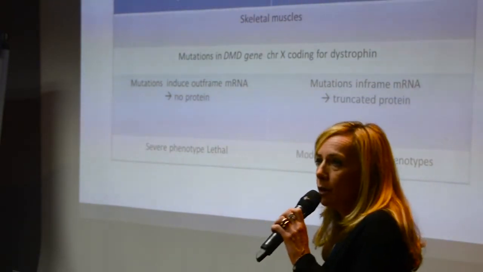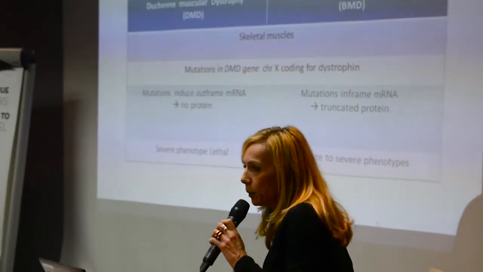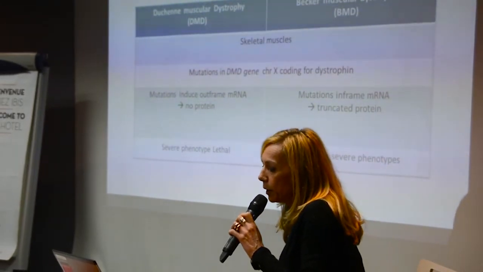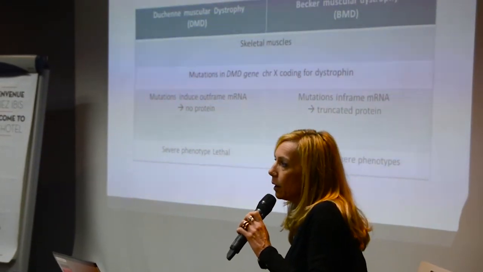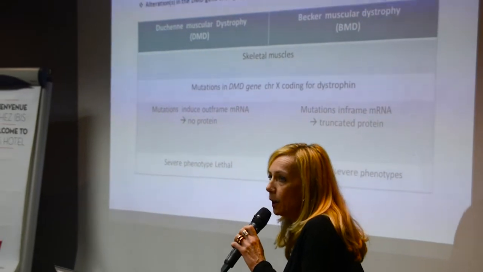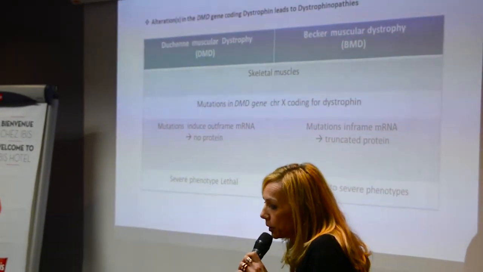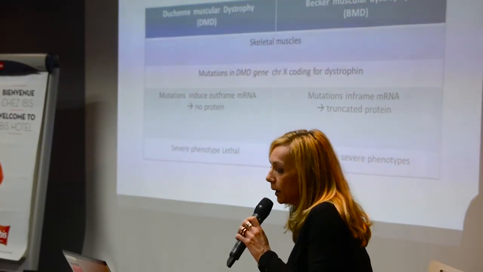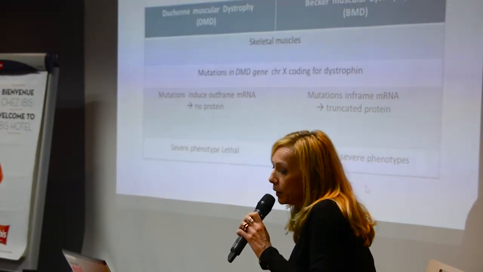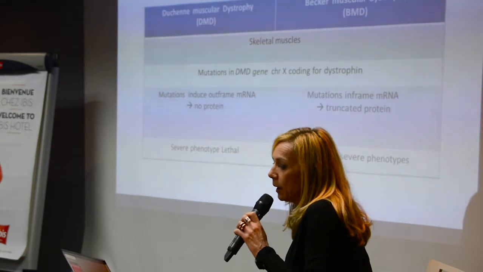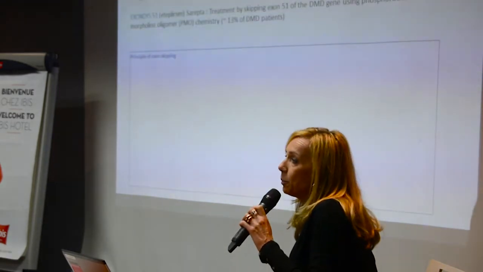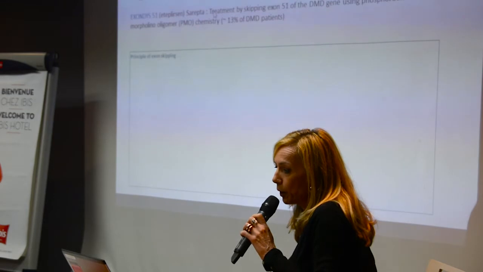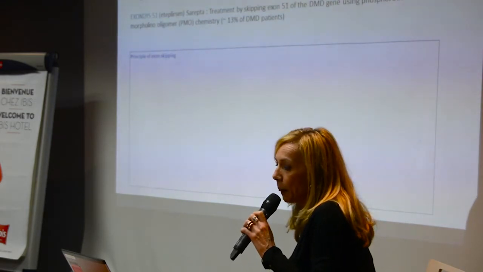This observation was the rationale for the development of the therapeutic strategy of exon skipping, because we can have a truncated dystrophin expressed, and you can have moderate to severe phenotypes. The exon skipping strategy has been developed on this rationale.